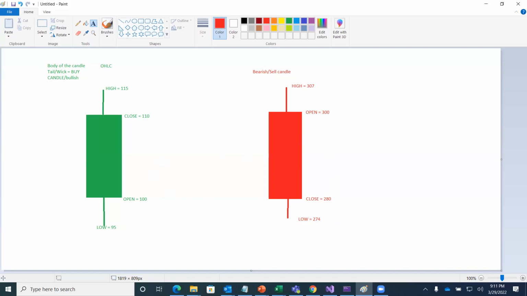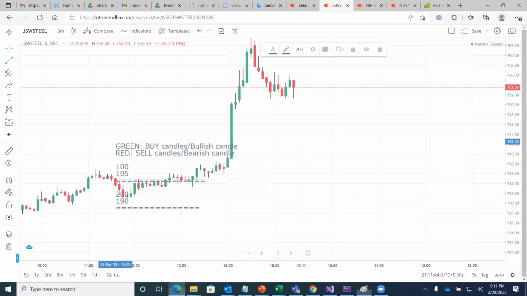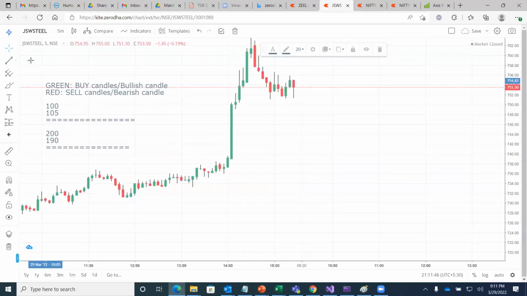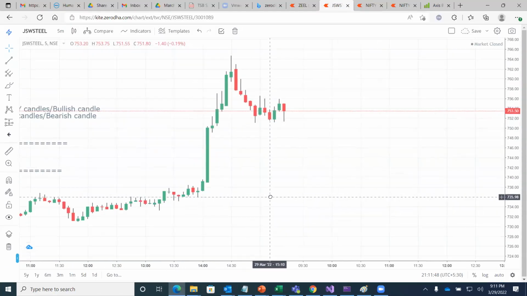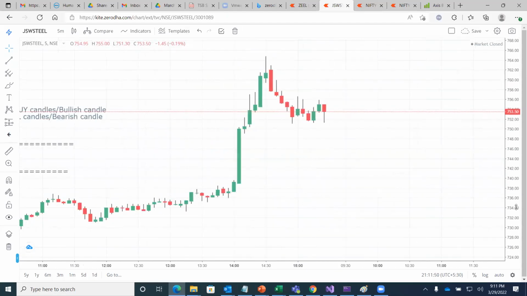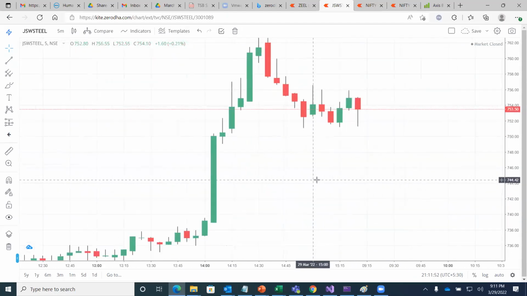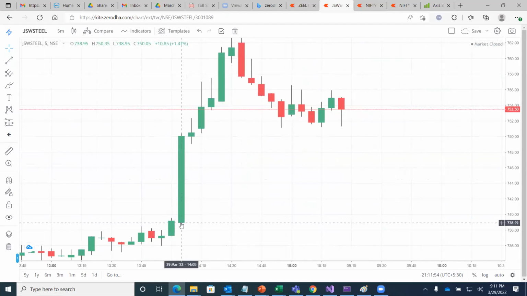All right. Now, let's go over a couple of candles like this. In this particular candle, now somebody tell me what is the OHLC data?